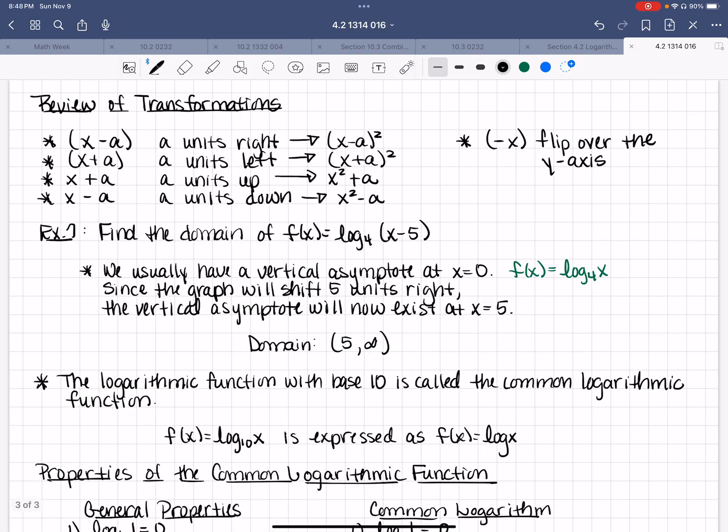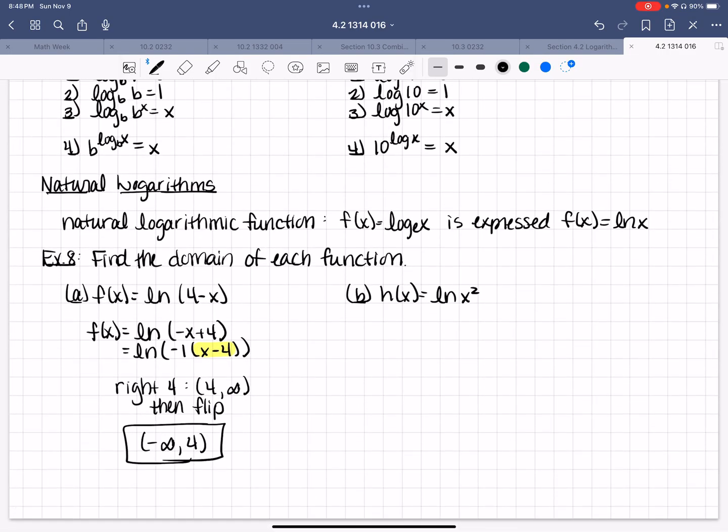Okay, but if we're squaring the x's, what happens? We take a negative x, what happens to it? When we square it, we make it positive. So that means we can use all the negative x's now because we're forcing them to be positive. So our domain will be negative infinity to 0. Still can't use that 0, united with 0 to a positive infinity. And that sums up 4.2.